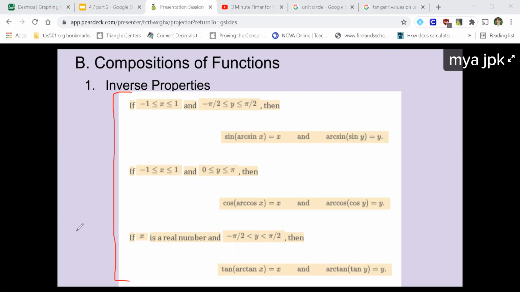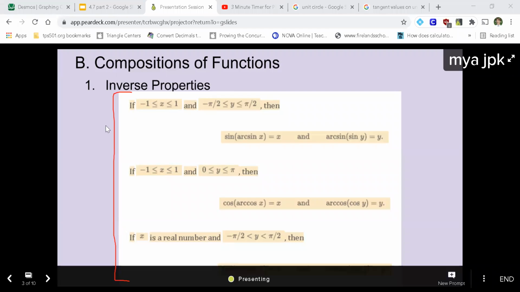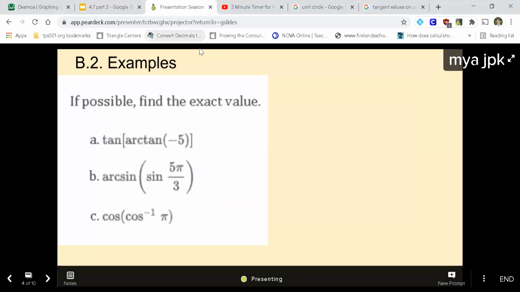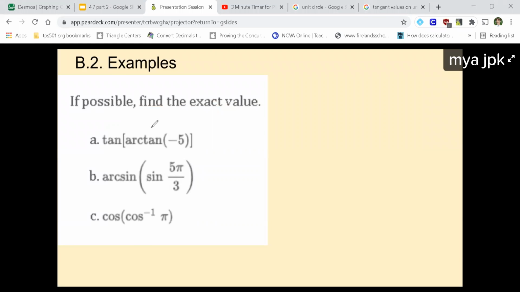So to do these problems, you're going to refer back to your notes pretty often. Let's look at some examples. If I want to find the tangent of the arctangent of -5, the first thing I'm going to do is check, is this value in the domain of arctangent?